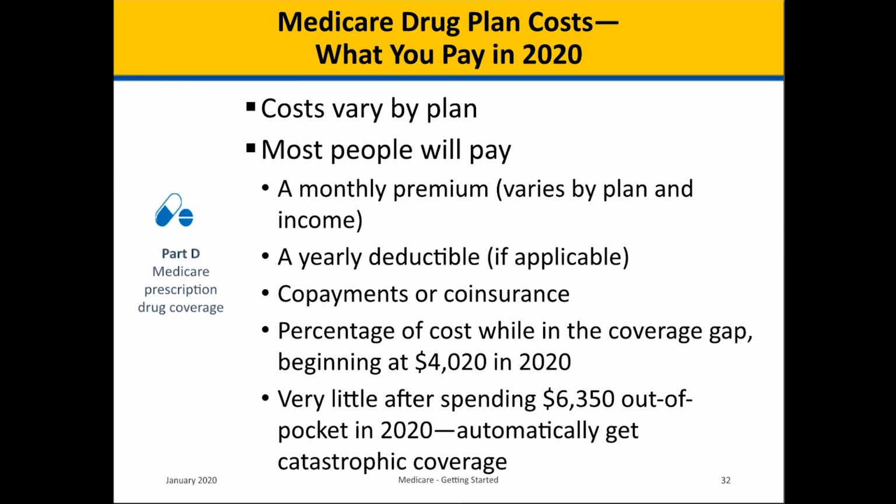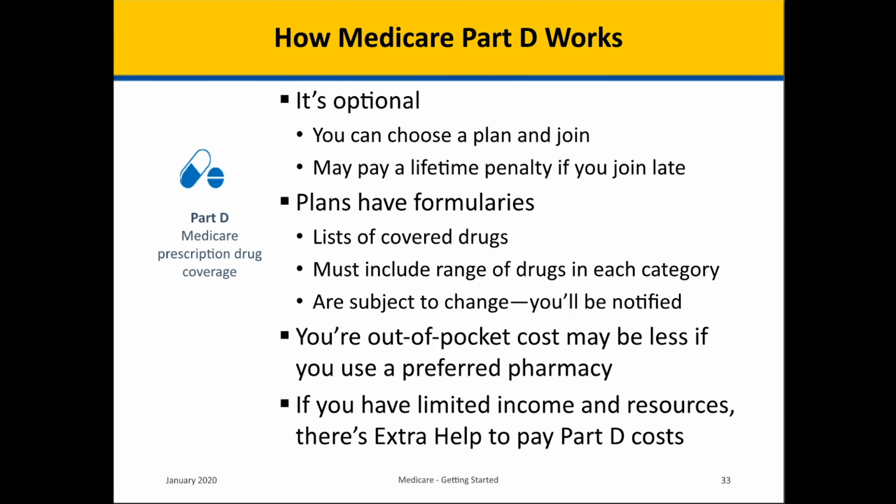Next slide, please. How does Medicare Part D work? Everyone with Medicare can get a Part D plan by enrolling in one. You may pay a penalty if you join later. You can also get, again, Part D coverage through an MA plan.